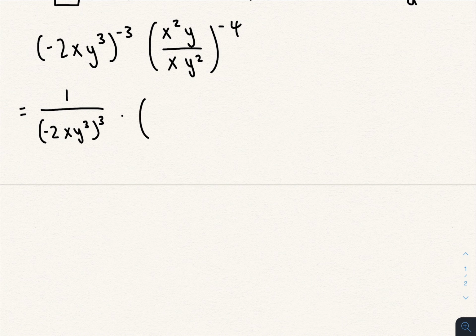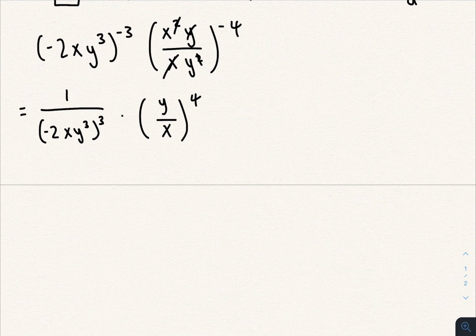What we can do here is, because there's an x squared in the numerator and x in the denominator, we can cancel these out. There's a y squared in the denominator and a y in the numerator, so we can actually cancel these out like that. So it's actually x over y inside. So when you flip those, we get y over x. And then the negative exponent outside becomes positive 4.